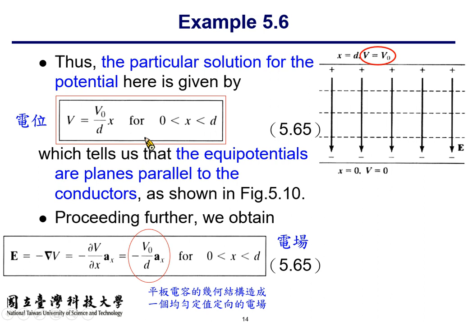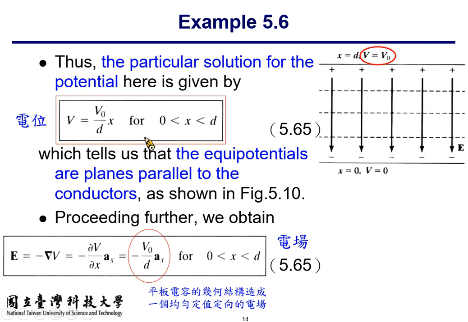Then the next thing is to derive the electrical field intensity function, which can be done by taking what? Taking the gradient of V and taking the negative of that. So using this equation, we found E, the electrical field intensity, can be expressed as minus V sub 0 over d.